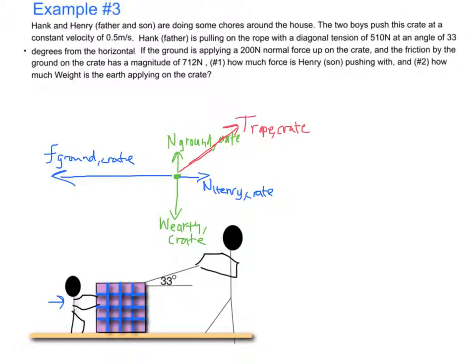That's our free body diagram, and the first thing I want to do when I see a diagonal force, if you remember from the last video, is draw the vertical and horizontal components. So I'm going to call that Ty, and I'm going to call this Tx.